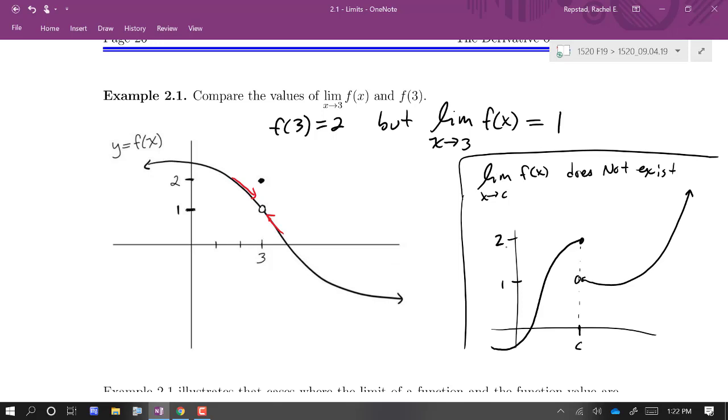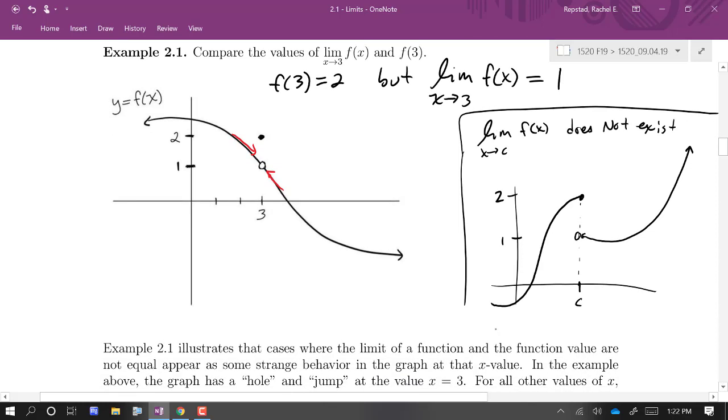So the limit itself doesn't exist. You can define a left-handed limit and a right-handed limit. The way we might write that here is the limit as x approaches c from the left, so we put a little superscript minus sign, that means from below, is equal to 2. And the limit as x approaches c from above, from the right, is equal to 1. But the limit doesn't exist. For just the plain old limit to exist, it has to be the same from either side. So there's another function that's not continuous.